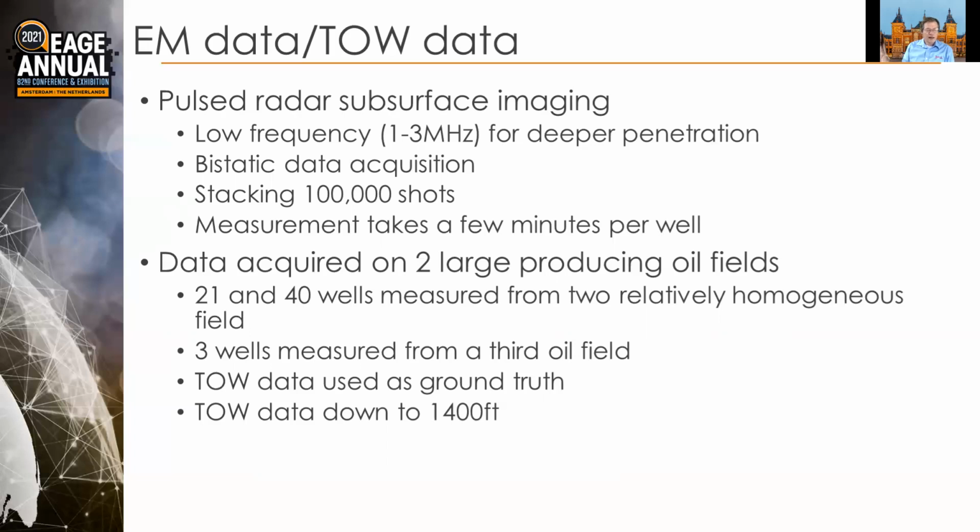We also had 3 wells that were measured from a 3rd oil field. Of course, 3 wells is not enough for any kind of machine learning, but we did this to test if the networks that we trained on the other wells could be used to predict temperature from another location. We did not expect it to work, and it didn't work.